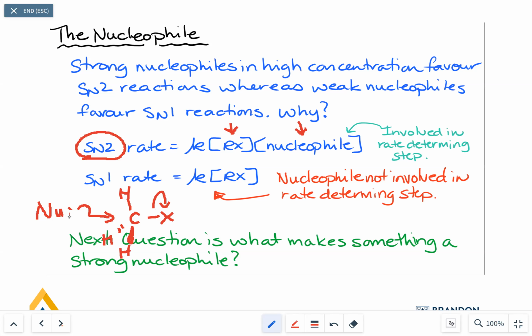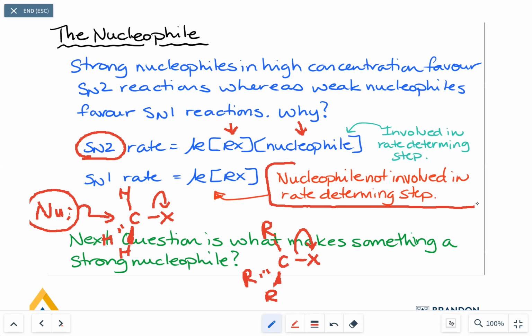So the rate was dependent on the nucleophile and the alkyl halide. In an SN1 reaction, conversely, the rate determining step was just the leaving group taking off. And so in the rate equation, it's only dependent upon the alkyl halide. The nucleophile isn't involved at all.